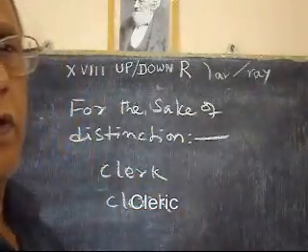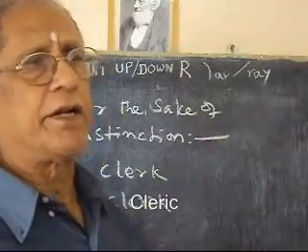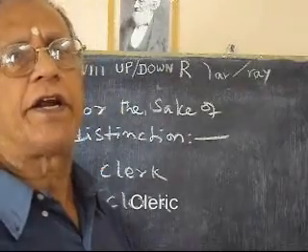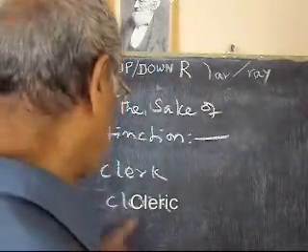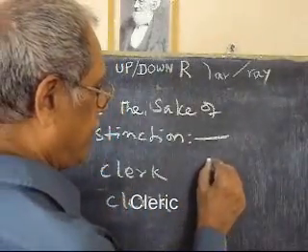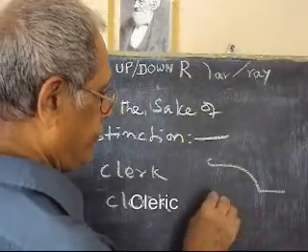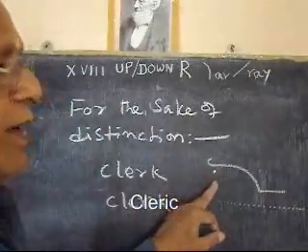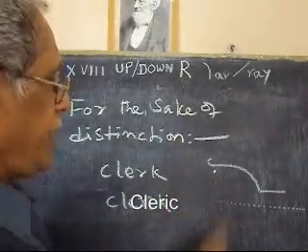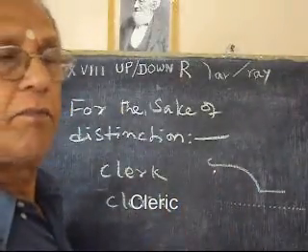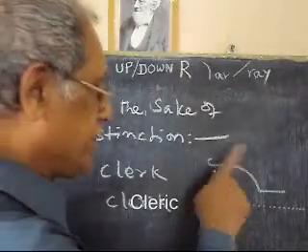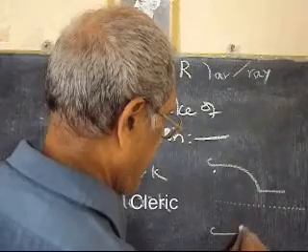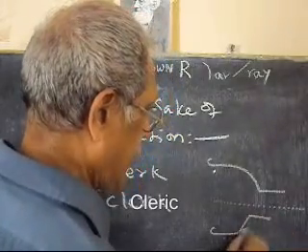Just for the sake of distinction, if there is any deviation in position writing and all that, clerk is written with the downward form. Clerk. Here medial R, but to distinguish it from cleric. Cleric.